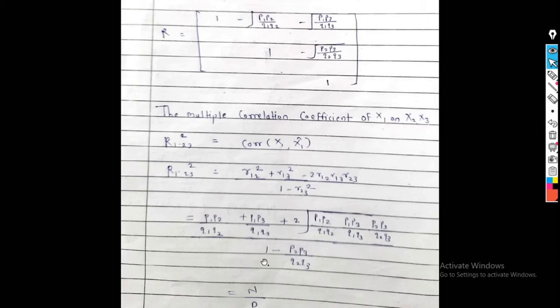So first we will derive the numerator. The value of the numerator is p1 p2 divided by q1 q2 plus p1 p3 divided by q1 q3 plus 2 times square root of p1 p2 into p1 p3 into p2 p3 divided by q1 q2 q1 q3 q2 q3. So p1 into p1 is p1 square, and square and square root get cancelled.